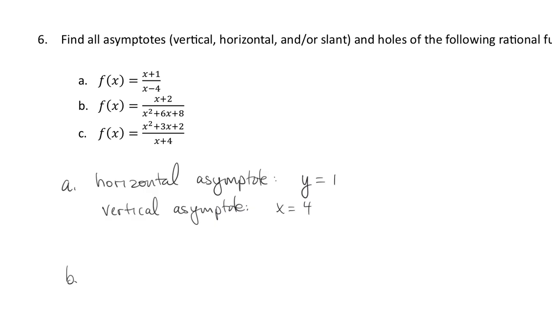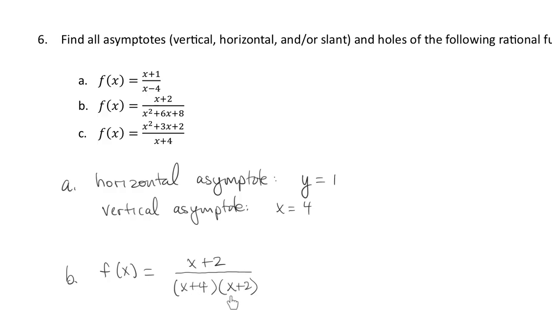For part B, we first need to consider the factored form. So the last part of chapter 3, in section 3.3, we talked about a hole in the graph rather than a vertical asymptote.